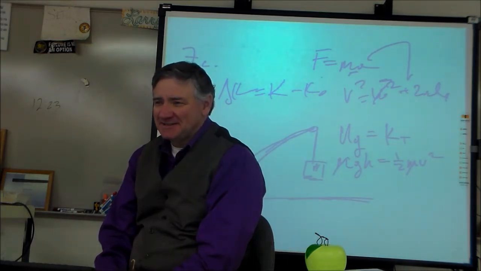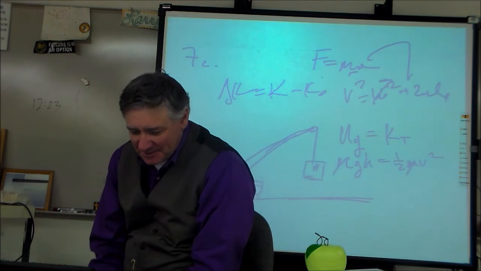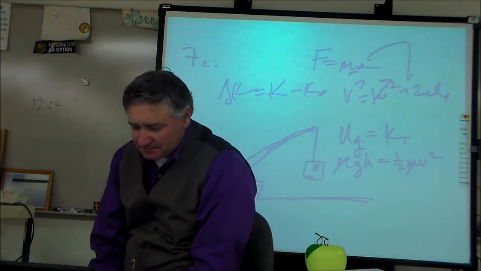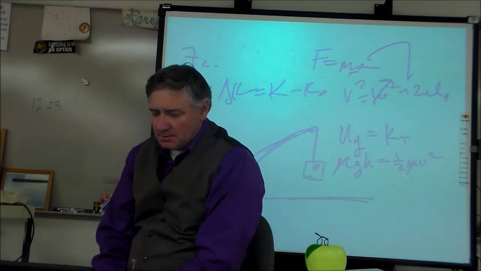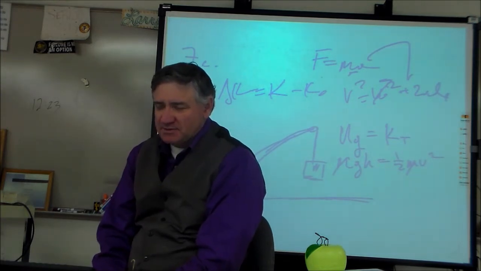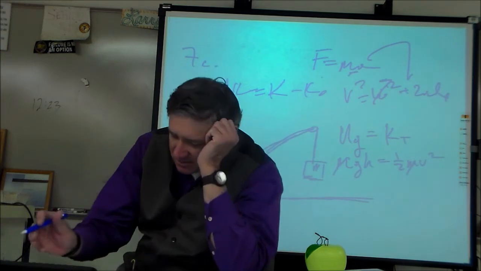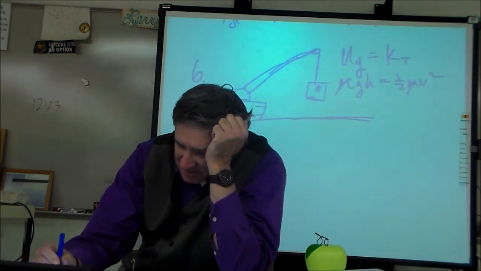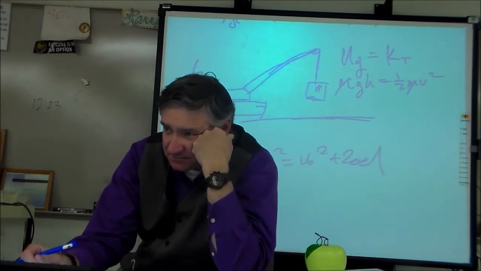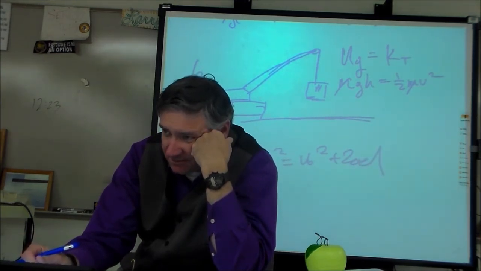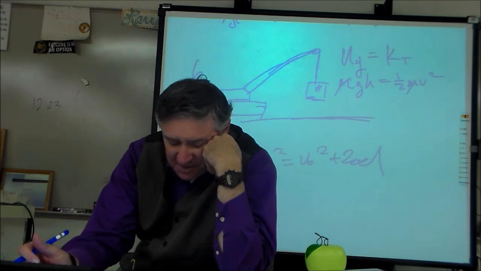On 5F, I'm trying to do kinematic equations. Are you able to do that? Well, you can, but you have to watch the signs. So yeah, you're going to use v squared equals v naught squared plus 2ad. Now, think this through.